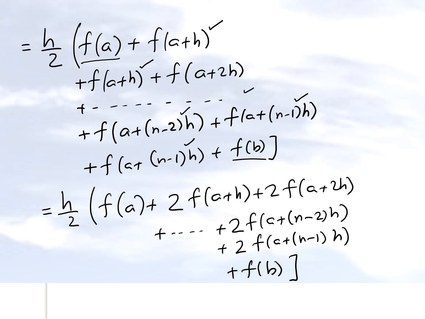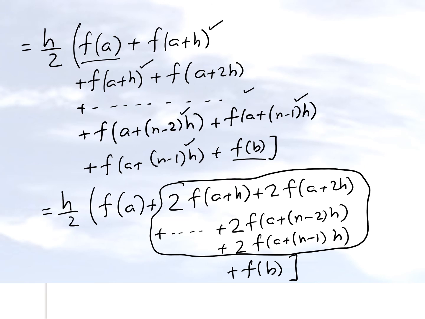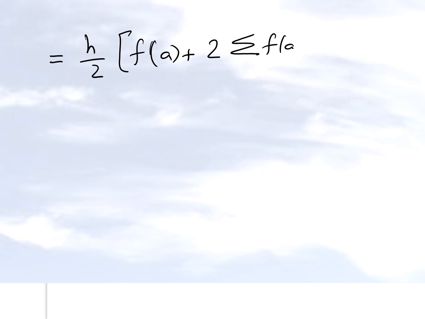But what we can do is take all of these terms here and write them in a summation form, and that way we'll have a more compact formula. That's the only difference. So the compact formula will be h divided by 2 times the value of the function at a, and if we put all those terms in the sum, we'll have f sub a plus ih, and you can see that the first term has a plus h in it, so i will go from 1.